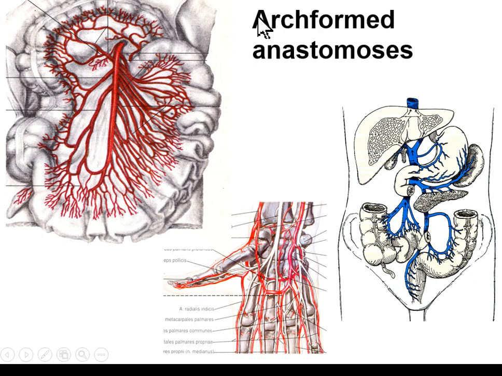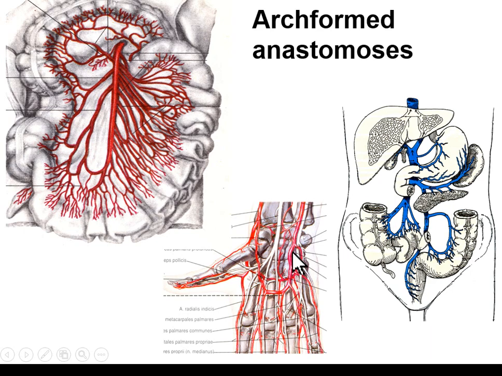Arch-form anastomosis we can see on the palmar surface of the hand. We have the superficial arterial palmar arch and the deep arterial palmar arch. They lie parallel to each other.